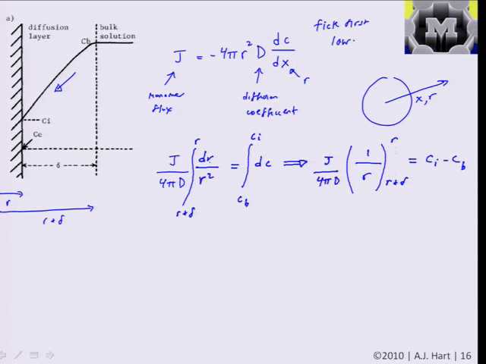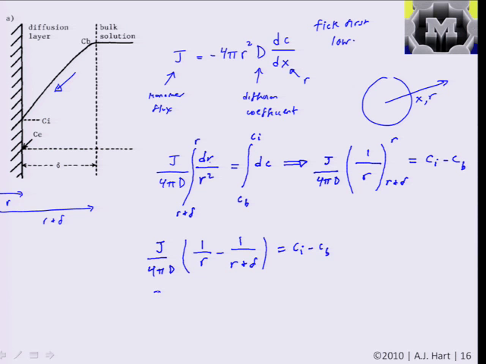So now if we evaluate this integral at r and r plus delta, we get J over 4 pi D multiplied by 1 over r minus 1 over r plus delta, equal to Ci minus Cb.